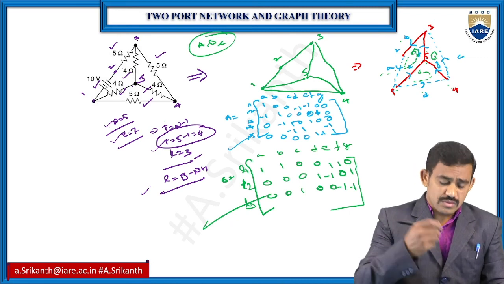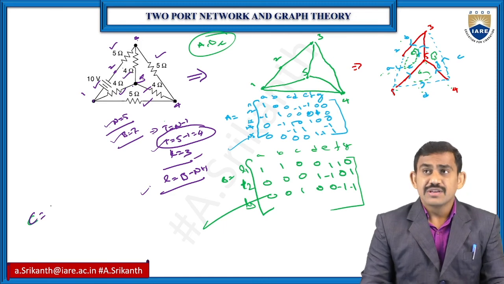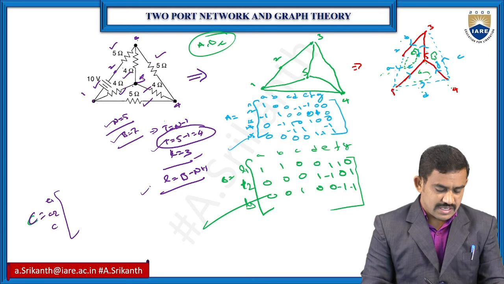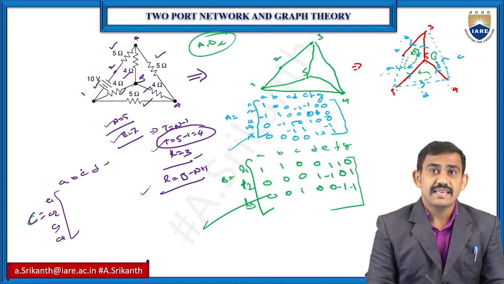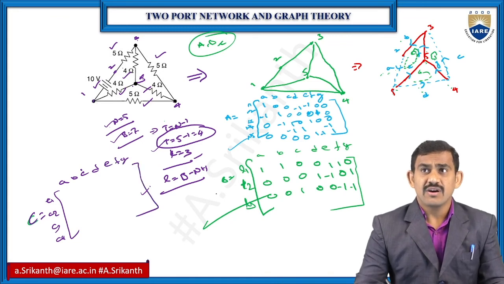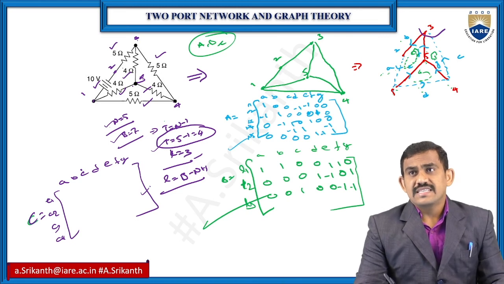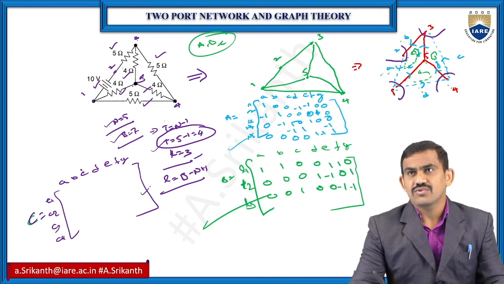Coming to C matrix, it's very simple, but you need to know the logic here. I need to cut the trees now. Between C1, C2, C3, C4, so A, B, C, D, E, F, G, same as it is. Now, if you observe the trees, here I have a B tree, so I need to cut here, and here I have an E tree, I need to cut here, and one more here, total 4.